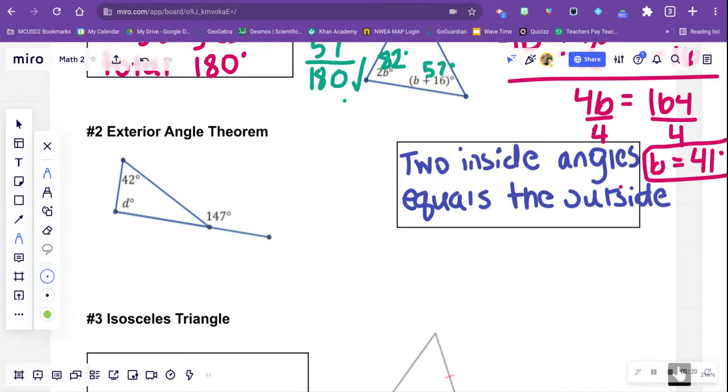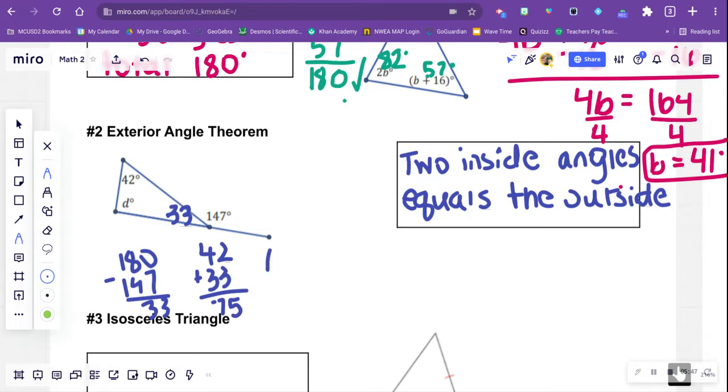You could just simply do 180 minus the 147. That's going to give you 33. So you know this angle inside the triangle is going to be a 33-degree angle. You could add up the two angles now, 42 and 33 inside the triangle. That's going to give me 75.